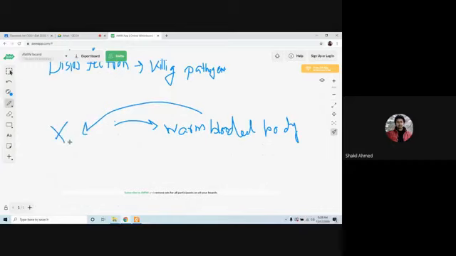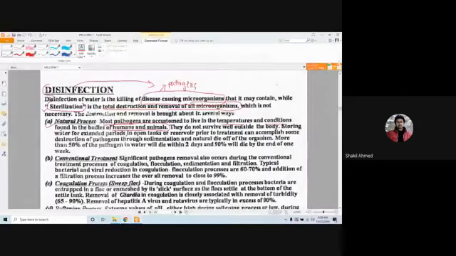Not immediately, maybe, but eventually they will die, because their most favorable environmental condition is available in the warm blooded animal's body. They do not survive well outside the body.